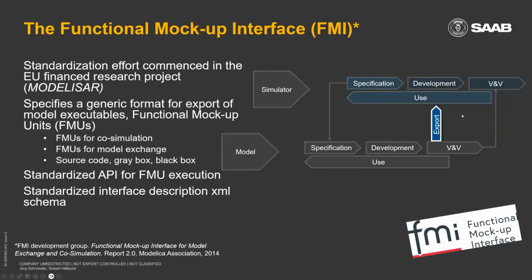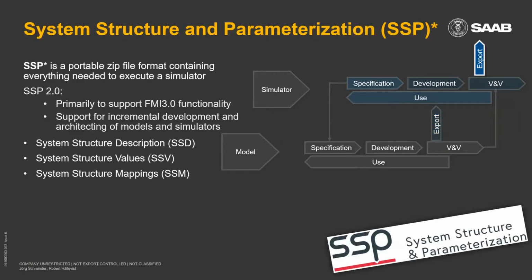So FMI targets this export step of exporting models for integration in simulators. But we have what I refer to as simulators on various different levels. And that is, for example, one aspect that the system structure and parameterization standard addresses.